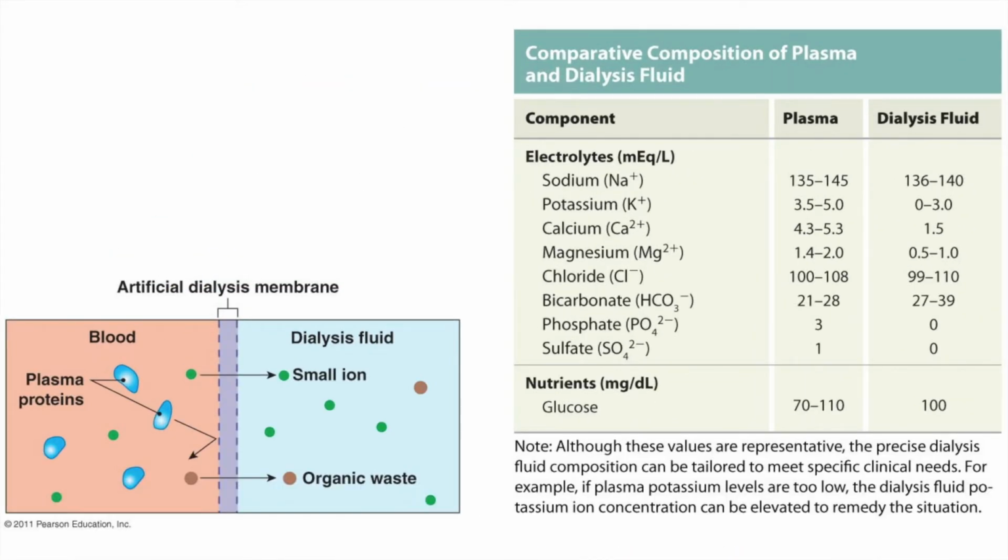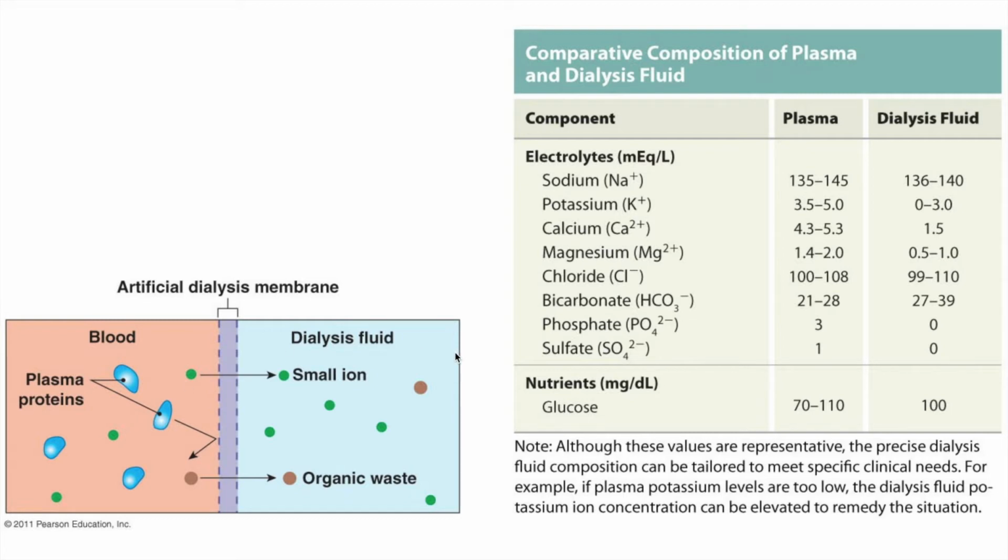The only treatment is dialysis or kidney transplant. In dialysis, the patient's blood is run through a selectively permeable membrane in a dialysis chamber. So like we see here, wastes will move from the blood to the dialysis fluid, and protein and nutrients will stay in the blood.